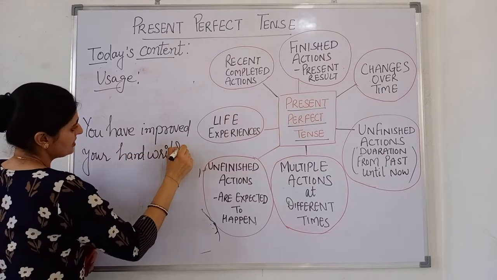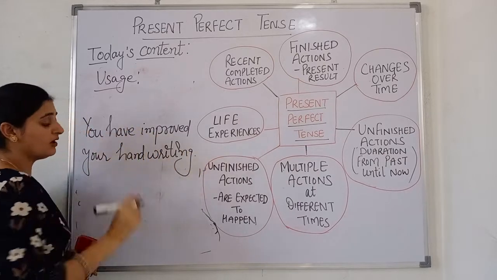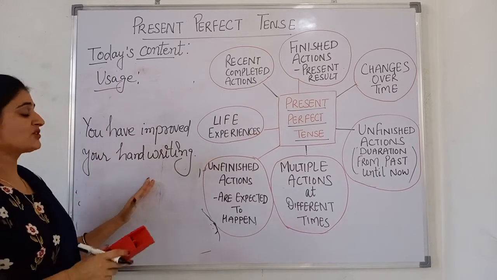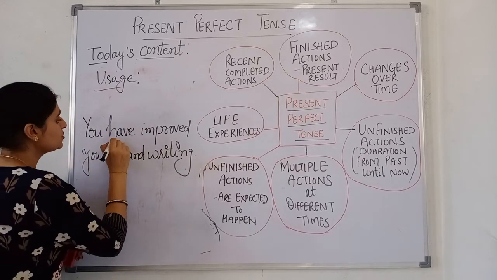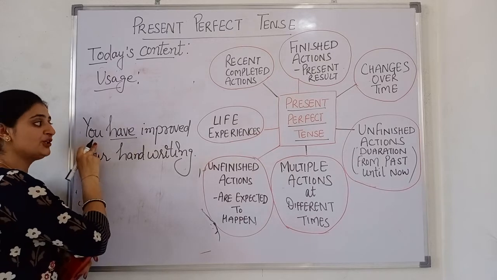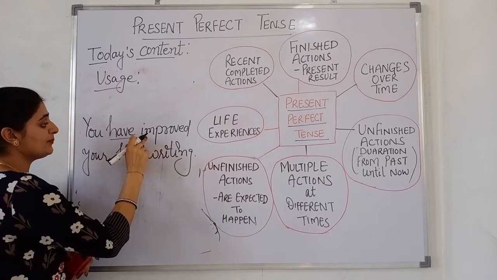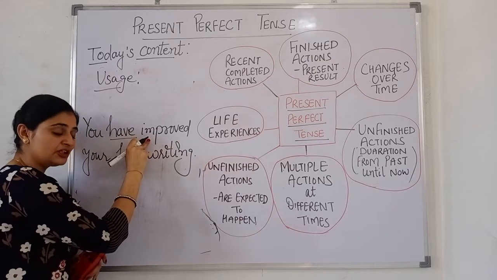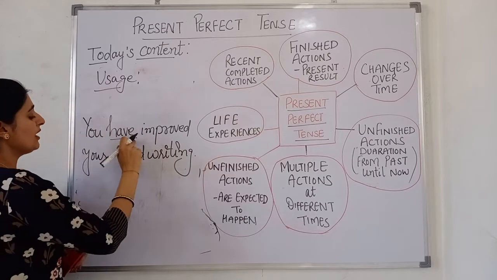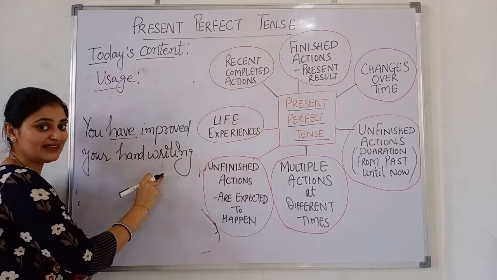So look students, I have used have with the subject you, and improved is the past participle form of the verb improve. You have improved your handwriting.